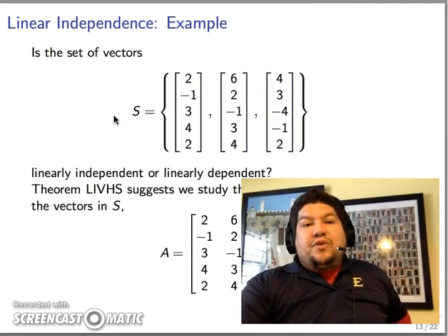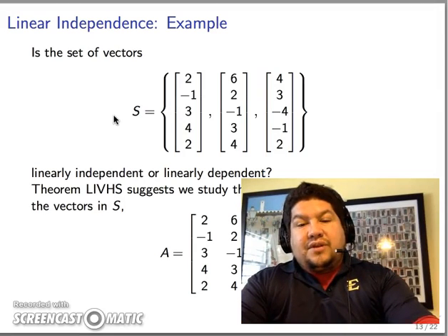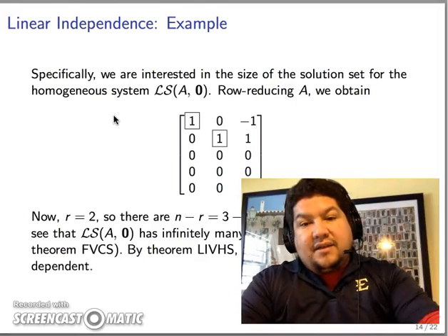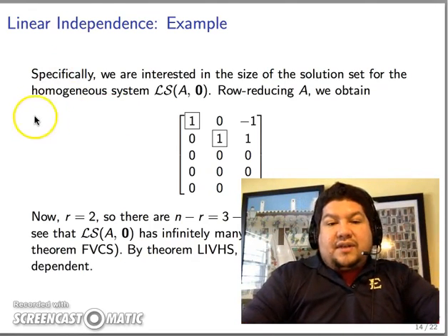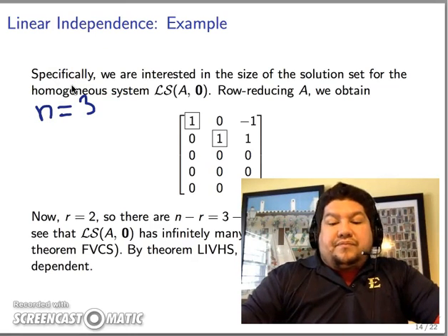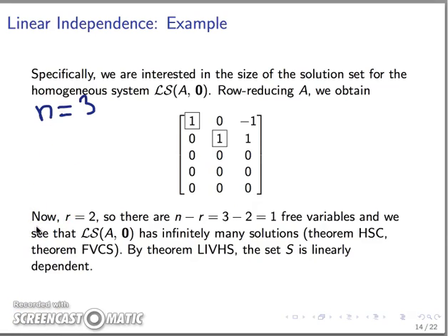Instead of working with the augmented matrix, we can simply work with the matrix with 3 columns and row reduce it. In this case, the number of columns is 3, and the number of non-zero rows is 2. So there's one free variable.